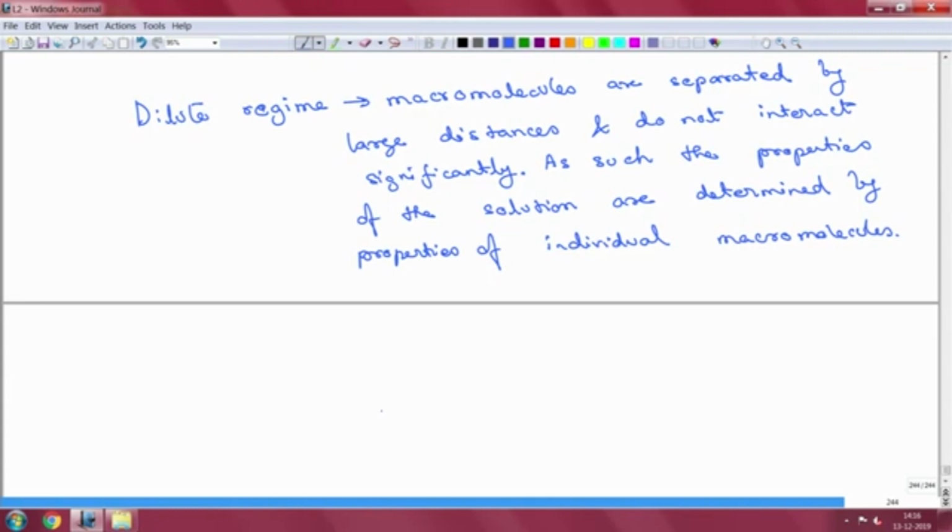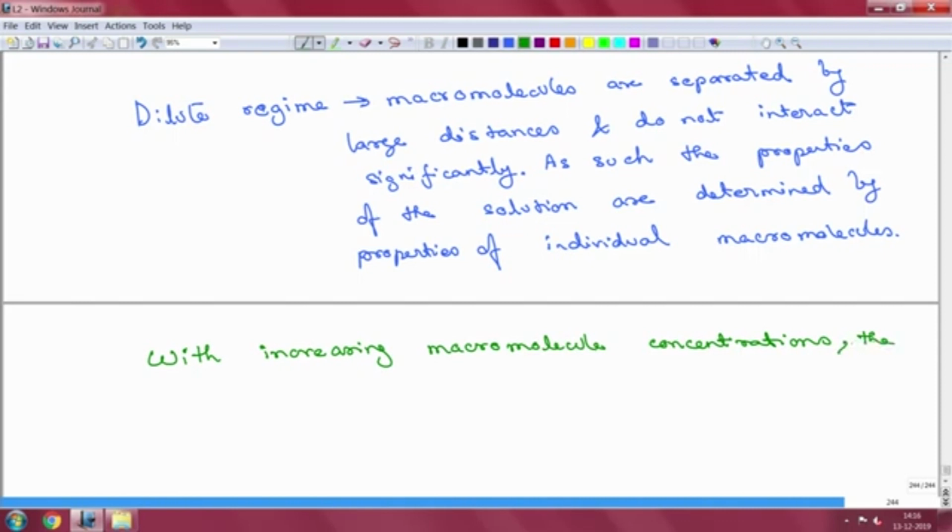So, with increasing macromolecule concentrations, so I am using the word macromolecule and polymer interchangeably here.